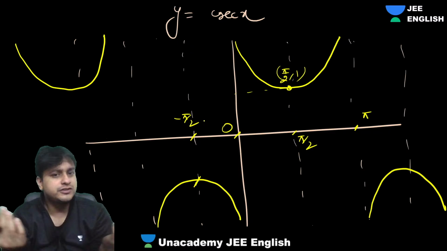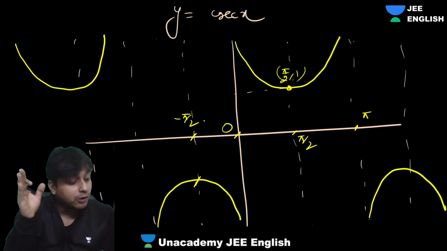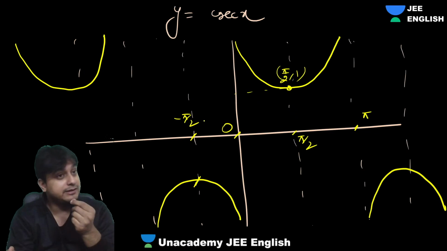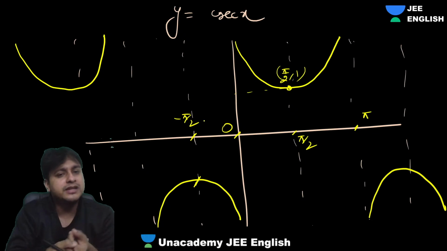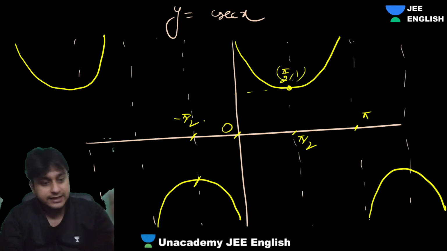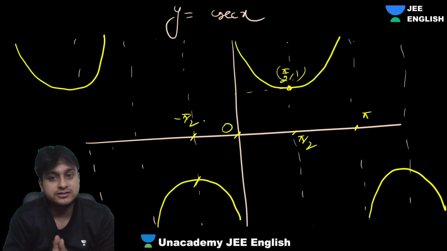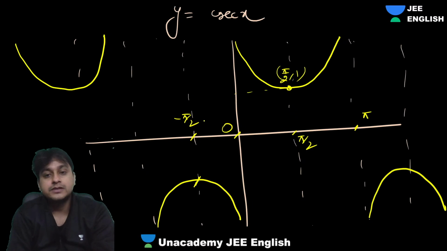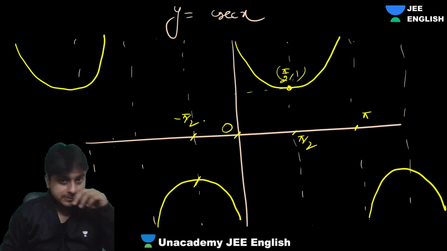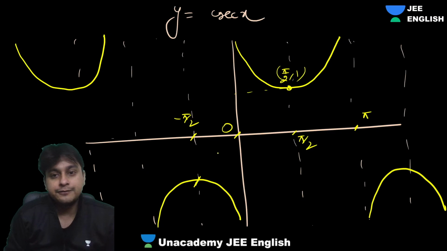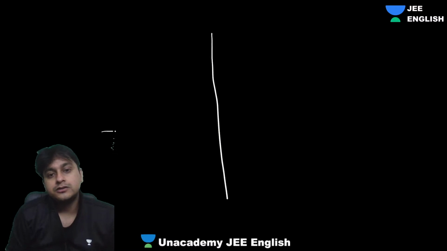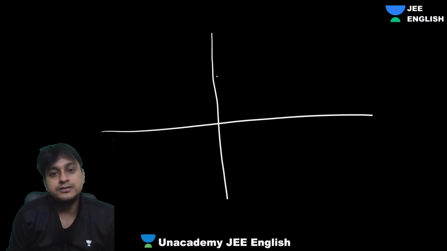In general, if you leave the outliers, maybe something is not defined at pi and 0 and something is not defined in between. That is in general I'm talking. So these are the domains and ranges. Now guys, let's see what will be the graph. We'll cut it again from minus pi by 2 to plus pi by 2, which is obviously invertible. So guys, if you quickly look into this, the graph will be somewhat like this.